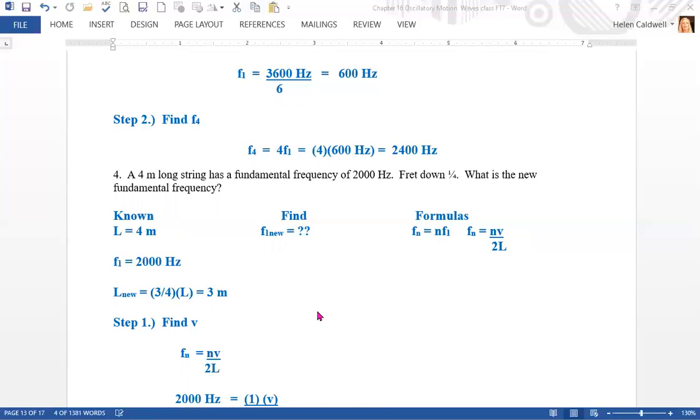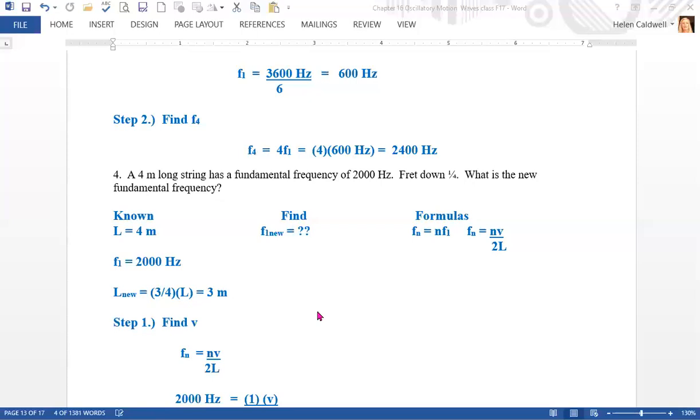So if you fret down 1/4 of the way, that means you're only using 3/4 of the string. So your new length will be 3/4 times the original length. Our original length was 4 meters. So 4 meters times 3/4 is 3 meters. If we'd fretted down halfway, we'd only be using half the string. It would be 2 meters.